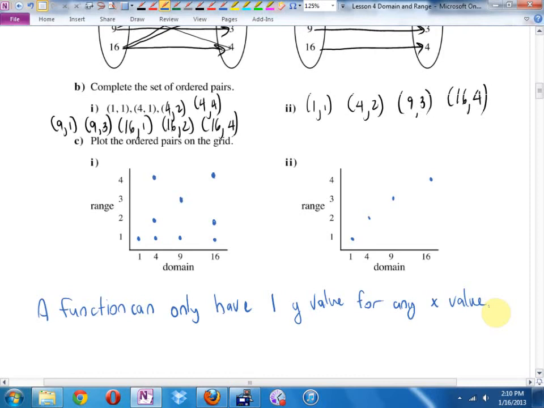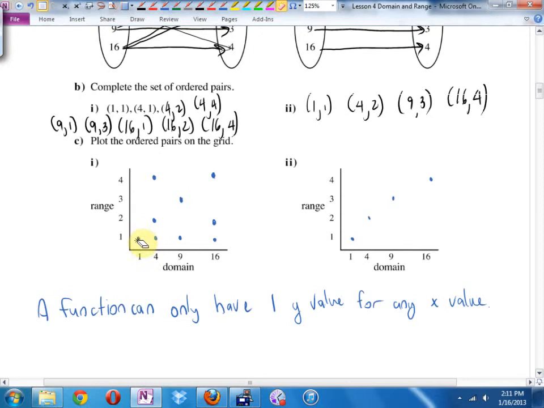Take a look at this second graph. What's the y value that goes with x equals 4? What's the y value that goes with x equals 4 in the first graph? More than 1. 1, or 2, or 4. This is not a function. Why is this one not a function? Because the x values have more than one y value.